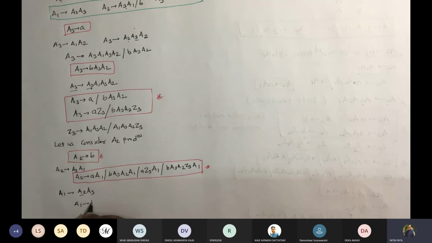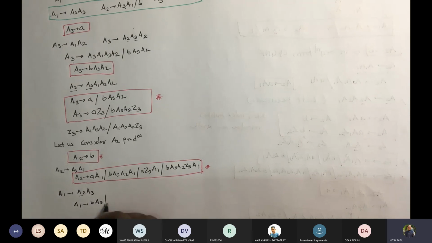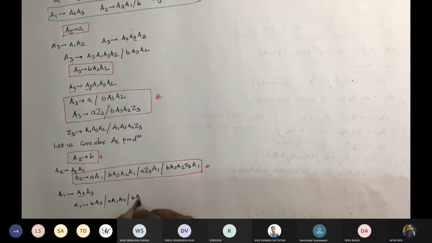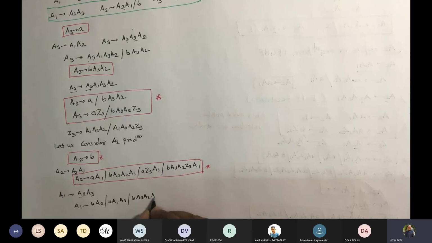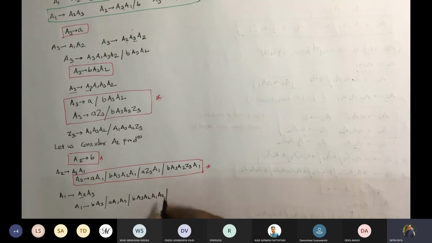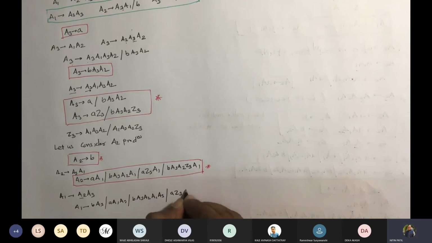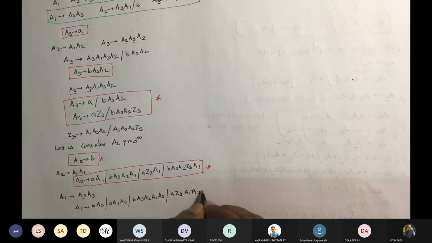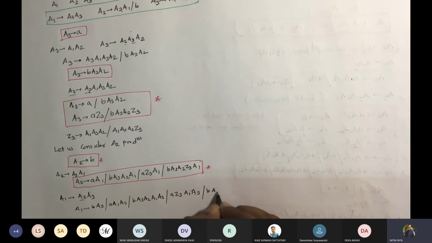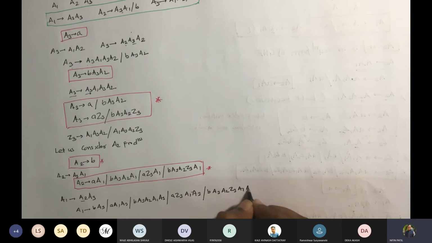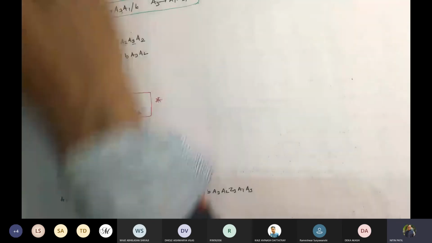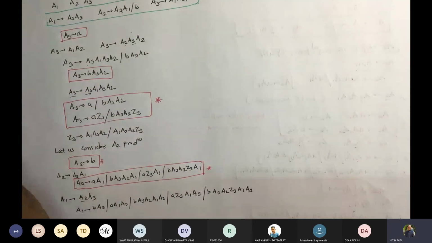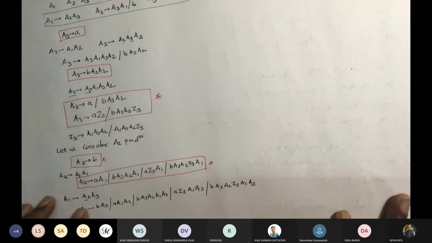A1 gives फर्स्ट वैल्यू डालते हैं B A3, A A1 A3, B A3 A2 A1 A3, A Z3 A1 A3, B A3 A2 Z3 A1 A3. ठीक है. आ गए 5.